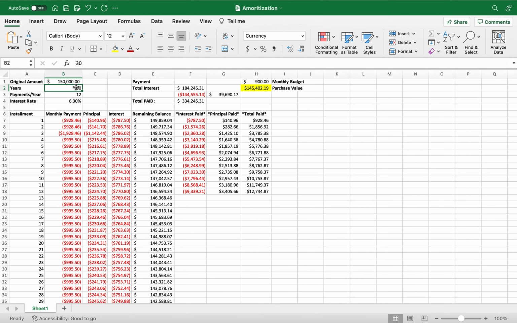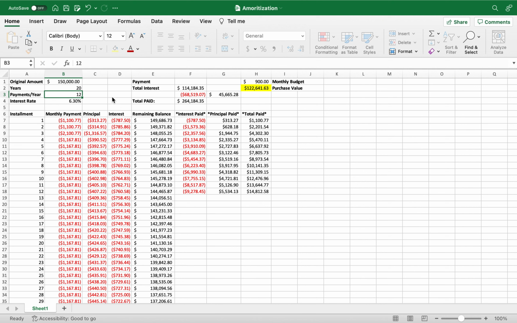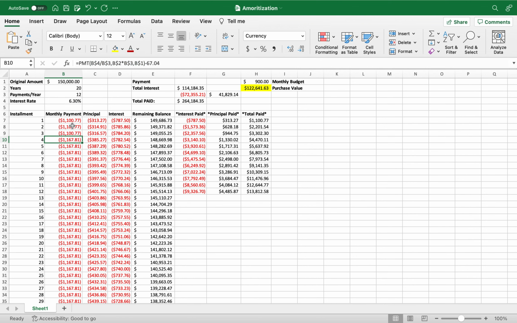In addition to this, even though I have years, we can look at this and say, okay, how much do I need to pay if I want to get this paid off in 20 years instead of 30? Well, now your payment needs to be up to $1,100 a month. Also, you don't have to use it just for a home mortgage.